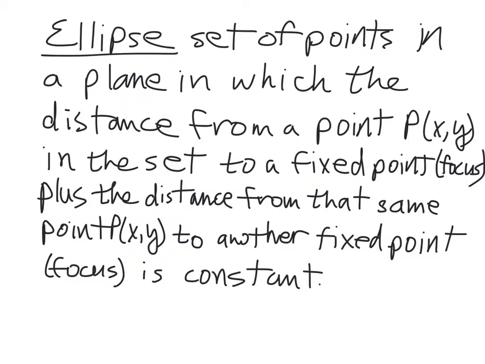So the ellipse can be defined as a set of points in a plane in which the distance from a point P, now we'll denote that as (x, y), that's point P in the set, that would be any point that is on this ellipse, so point P on the ellipse, to a fixed point, which we'll call a focus, plus, now we're going to be talking about two distances, and we're going to add these distances together this time, the distance from that same point P, that same point on the ellipse, to another fixed point, which we call another focus.